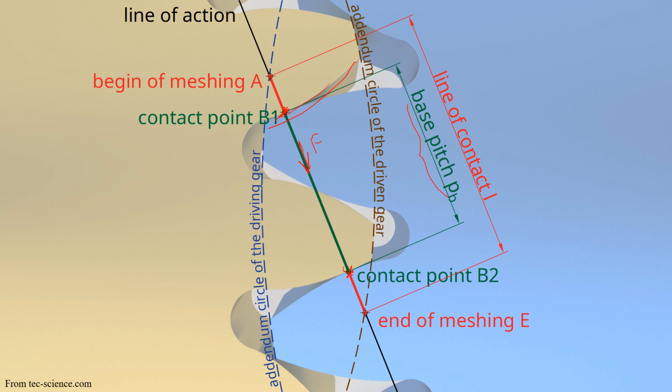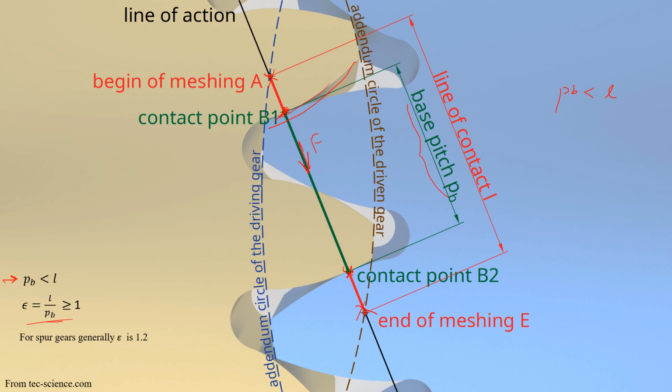And obviously the line of contact, where it starts the meshing process and where it ends the meshing process, is going to be, or should be, larger than the base pitch. So in terms of designing the gears, PB should be less than the line of contact L. And this is exactly what we have illustrated over here. PB should be less than L as indicated over here.